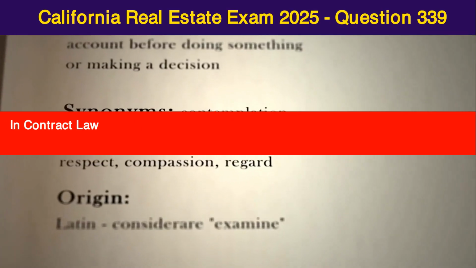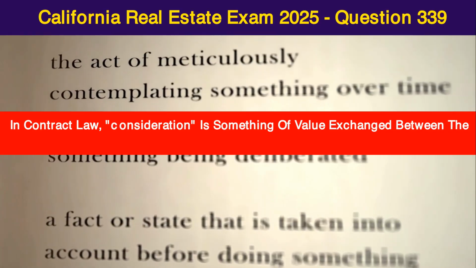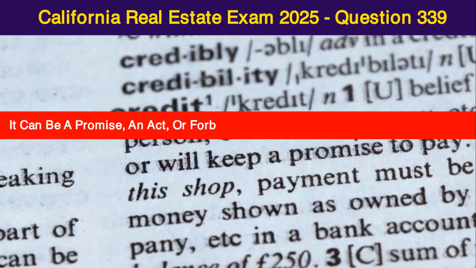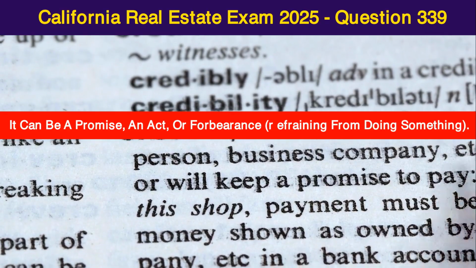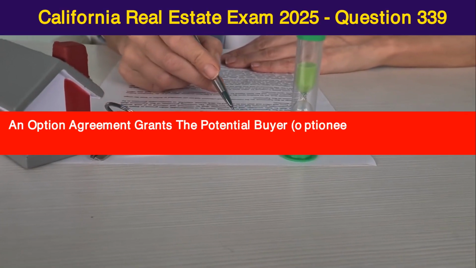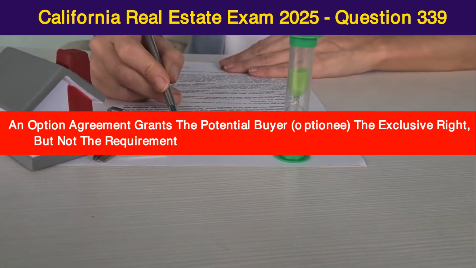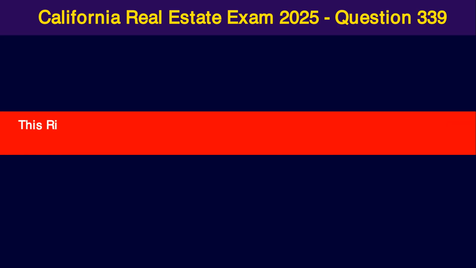optioned property. In contract law, consideration is something of value exchanged between the parties that creates a binding agreement. It can be a promise, an act, or forbearance, refraining from doing something. An option agreement grants the potential buyer, optionee, the exclusive right, but not the requirement, to buy a property from the seller, optioner.